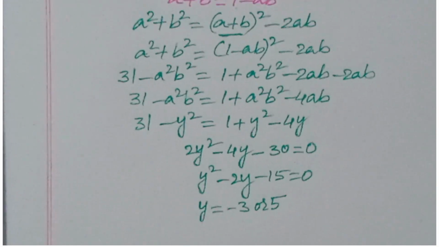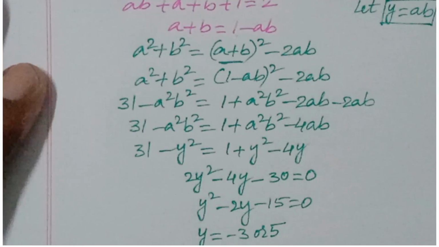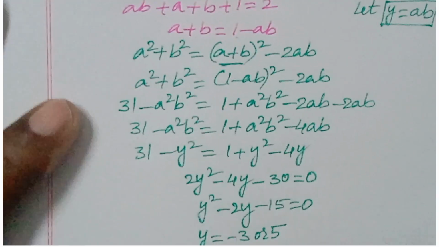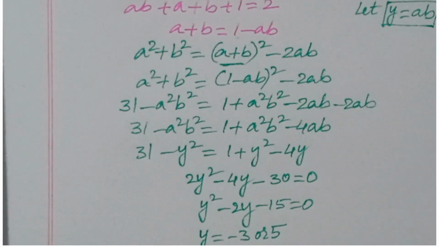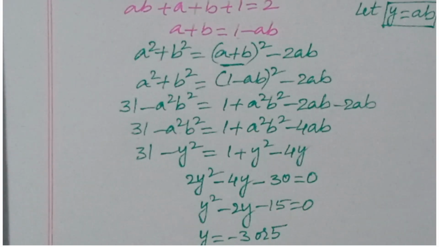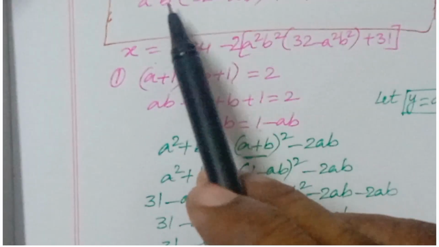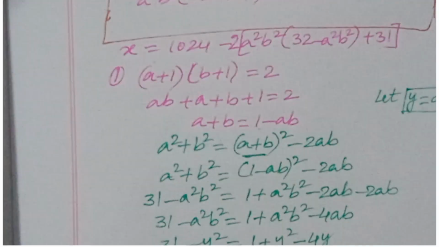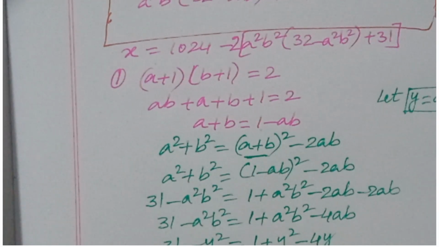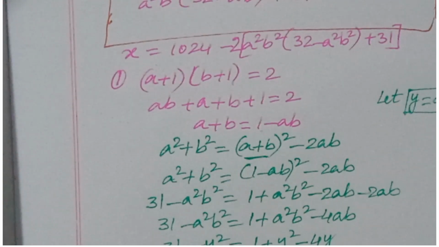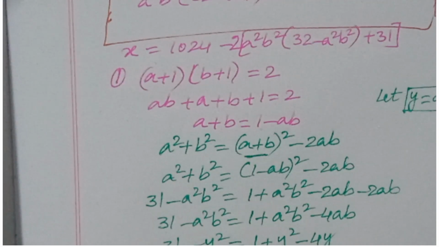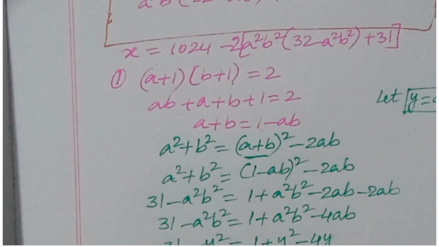Now if you substitute the values here, x is equal to 1024 minus 2 of a square b square, bracket 32 minus a square b square plus 31.